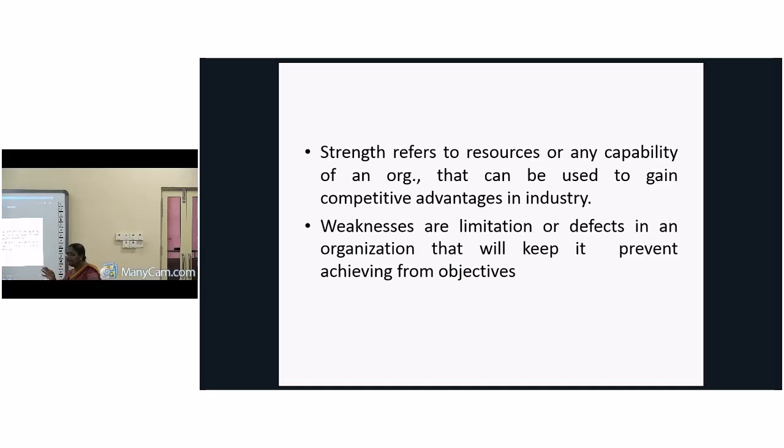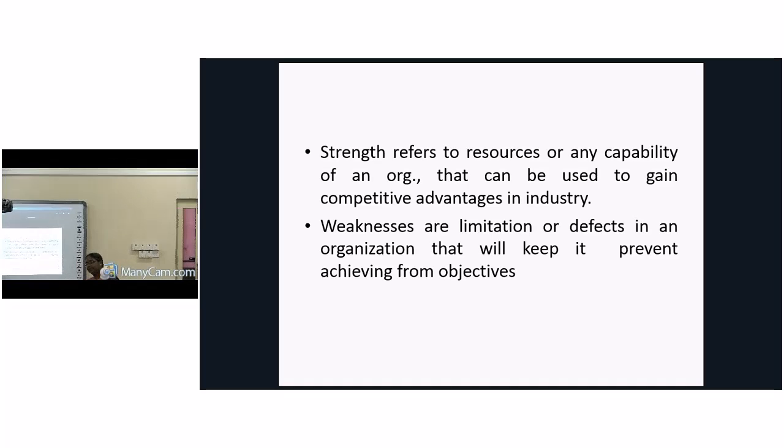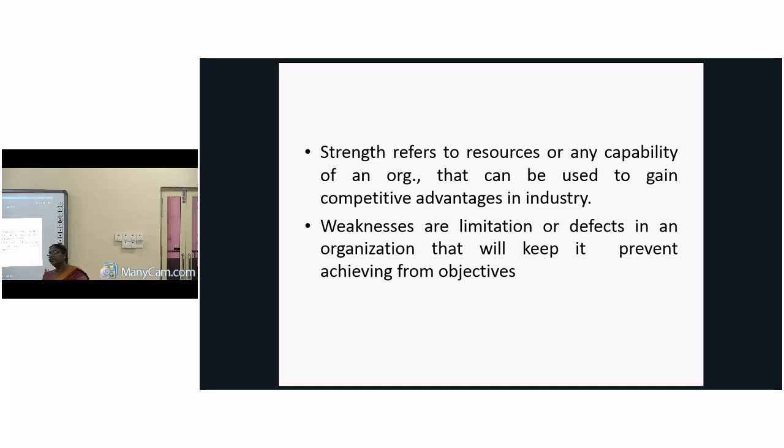So any limitation of a system, or any limitation in anything internal, are weaknesses, or defects in the internal environment are weaknesses. They are limitations and defects in an organization that prevent it from achieving organizational objectives. So the quality of a weakness is that it prevents achieving organizational objectives.